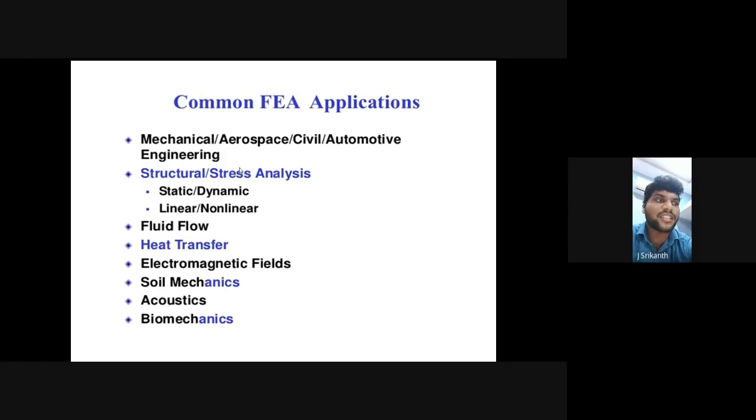In stress analysis it includes static and dynamic analysis, linear and non-linear analysis, and then fluid flow, heat transfer, electromagnetic fields, soil mechanics, tectonics, and biomechanics.